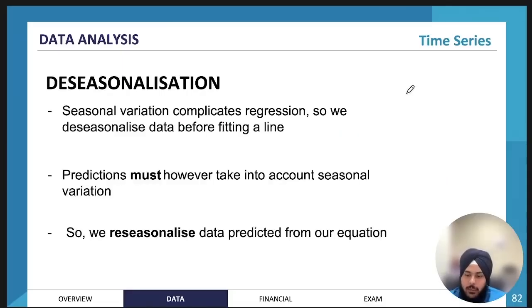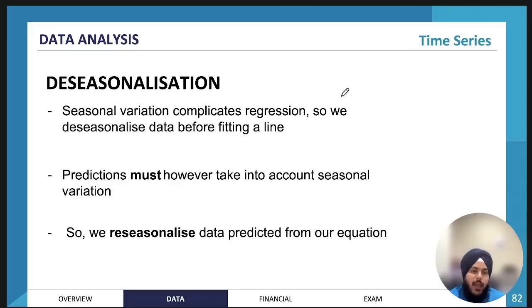Okay, so now we'll quickly look at deseasonalization. Deseasonalization is where you have a value and you're trying to remove the effects of seasonality in order to construct a model. Again, that's the purpose of seasonal indices.